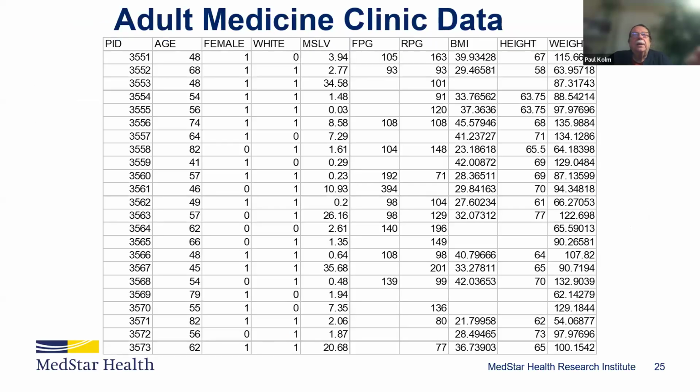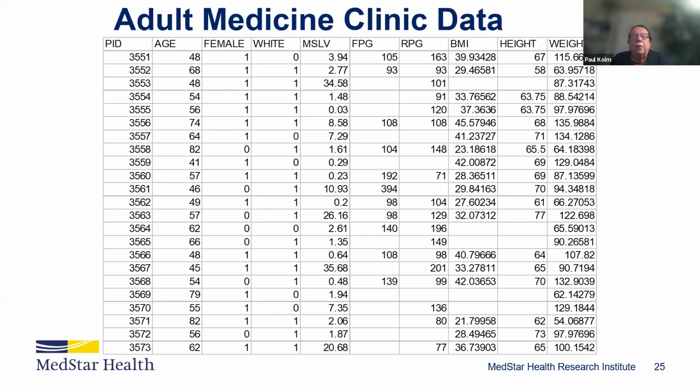But so I'm going to use some data from the medicine clinic data, and this is just some of the variables, or some of the patients, I should say. And so you can see that for age, gender, race, and MSLV, we have complete data for those 4 variables. But for fasting glucose, random glucose, BMI, there's missing data.